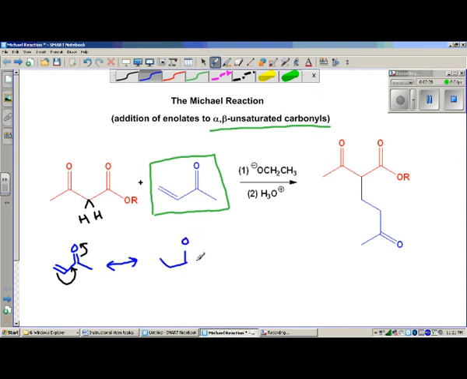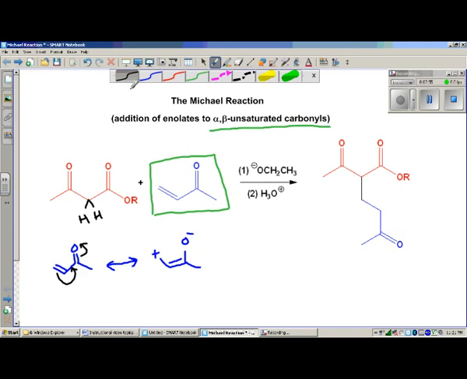There's my oxygen, and now I have a minus charge on the oxygen. I have a double bond here, and I've generated a plus charge on my beta carbon. And that is the reason why this carbon is much more electrophilic than the other carbons in this molecule, and that's why when you form the enolate, it attacks here.